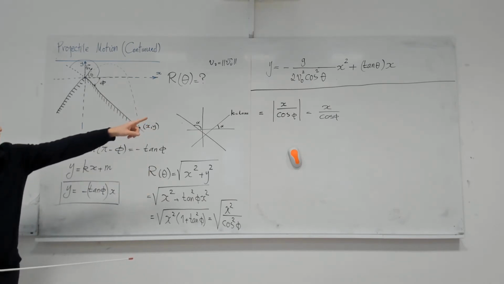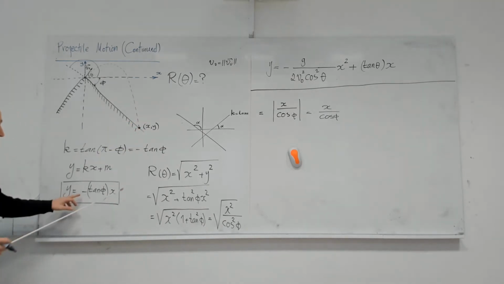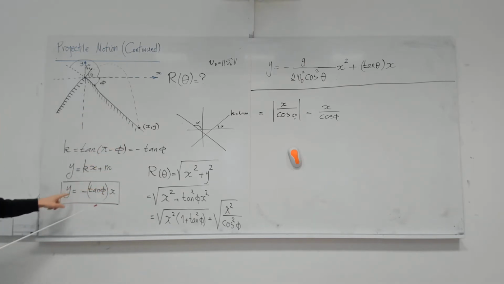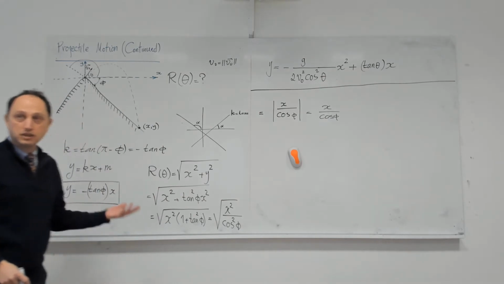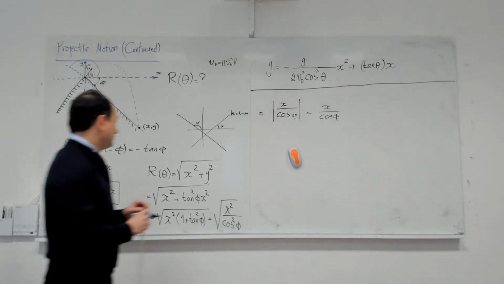But in the numerator, x is the x-coordinate of this point of intersection, which satisfies this and that. Even here, you can see that x is a function of y, because x is related to y, and then y is related to theta. So this is a function of theta at the end. Okay, so I have a very simple formula here.